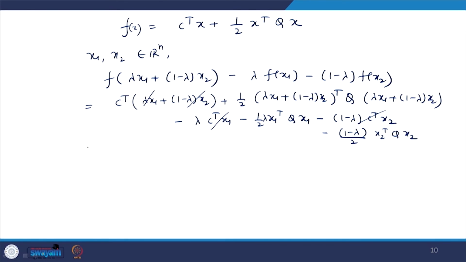1 by 2 can be put common in all the terms, and let us simplify this expression.